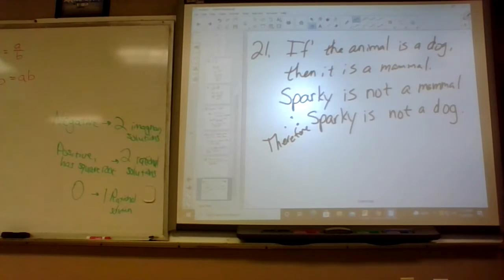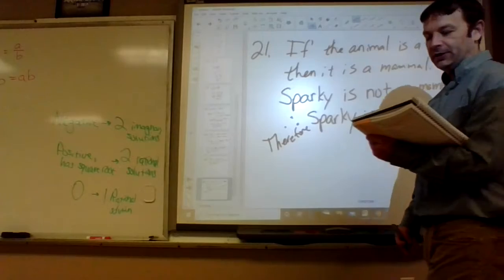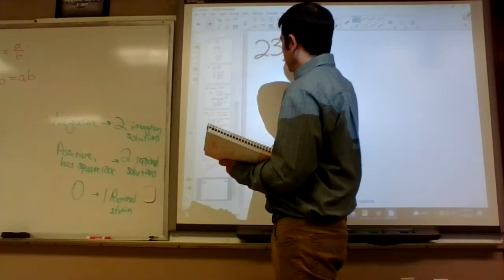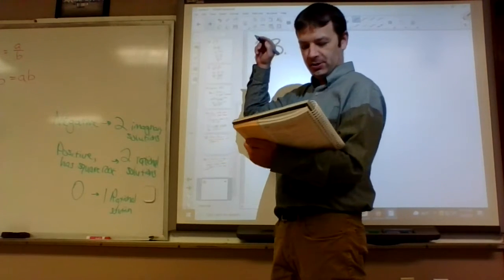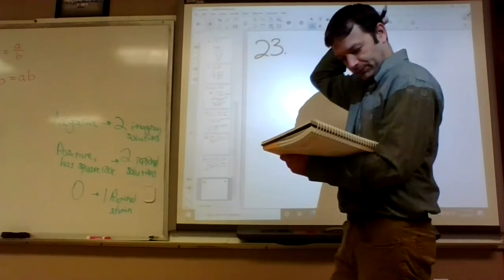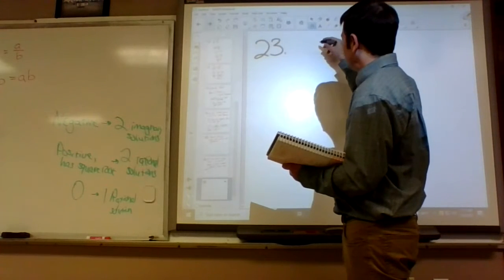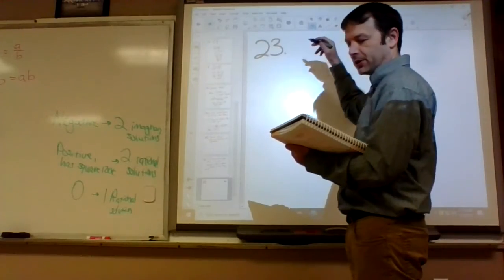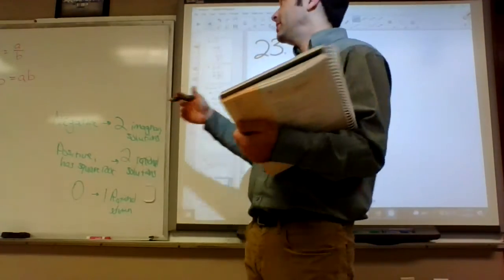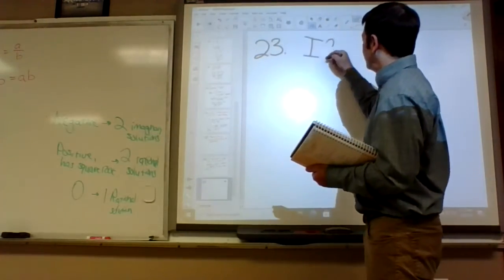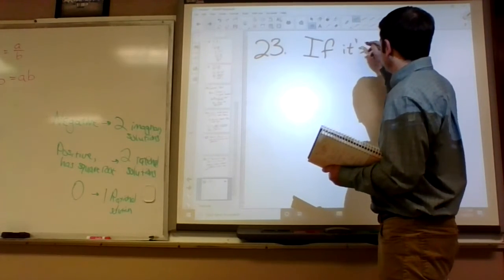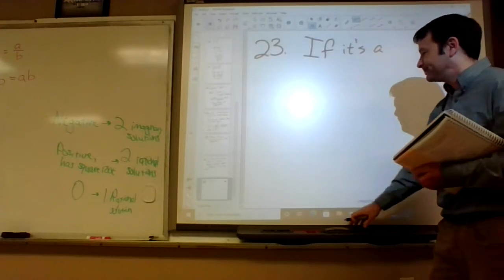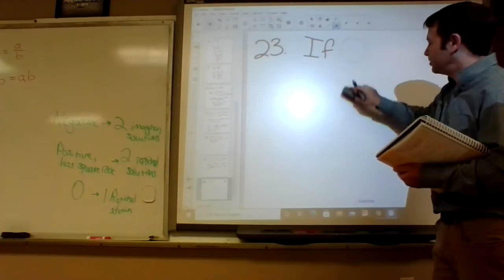Okay, 23. What does it mean for the integer circle to be in the rational number circle? I'm just going to say all integers are rational numbers, or if a number is an integer, then it is rational.